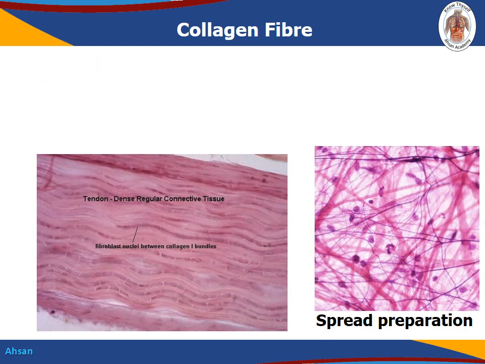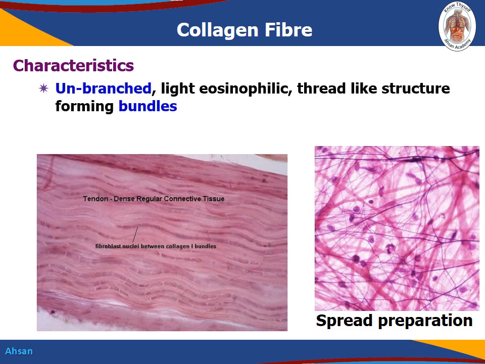So collagen fiber under microscope, the left one is the cross section and the right one is the spread preparation, and this is an unbranched, lightly eosinophilic thread-like structure forming bundles, and is usually wavy in nature. It can be better studied under spread preparation.